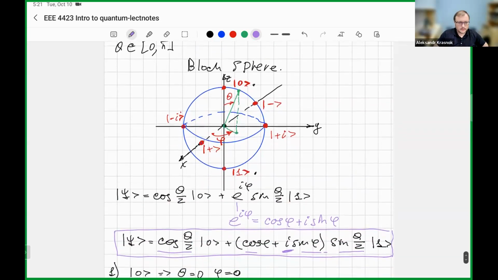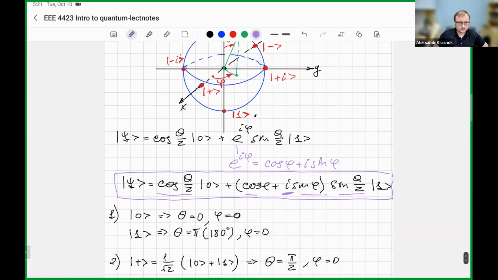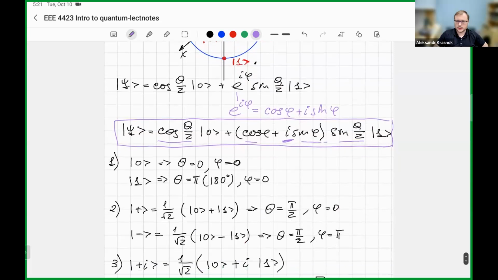Okay, and then we define all the 6 poles of this sphere.